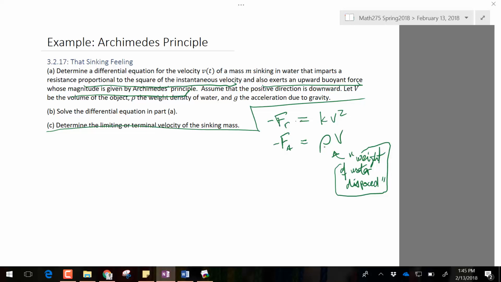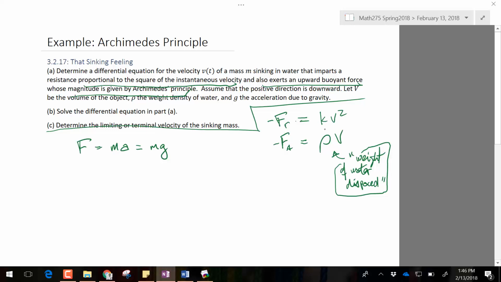So the force, mass times acceleration, is the sum of the forces, including the acceleration due to gravity, mg, and then we add on these other forces, which contribute negatively because of the gravity.